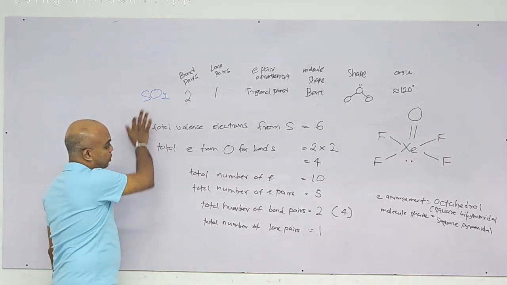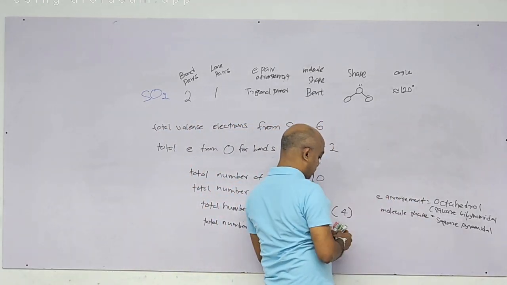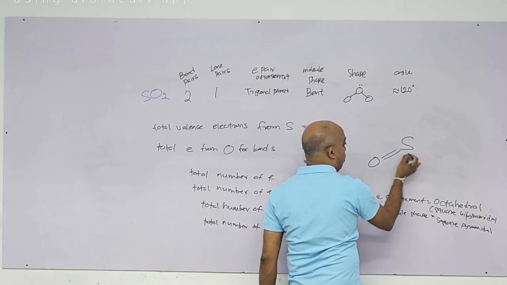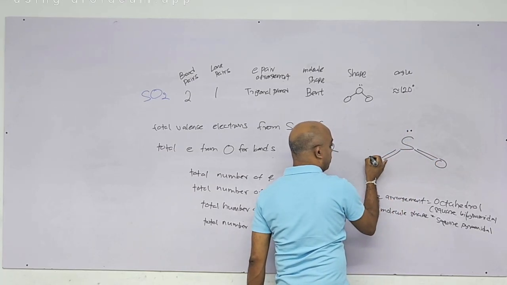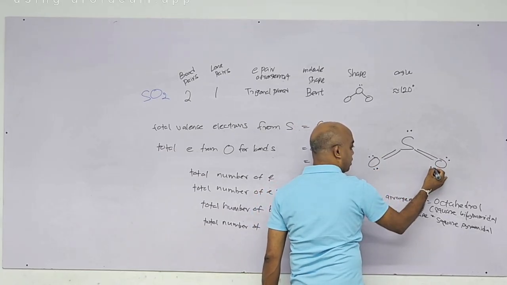Right. SO2, the shape is bent. Now the molecule will be like this: S, O, and the one lone pair is on top of this one, and we have to draw the remaining lone pairs on top of oxygen like this.